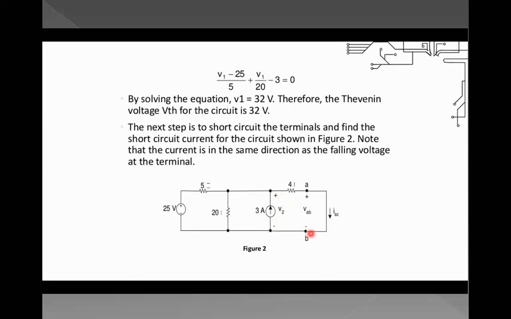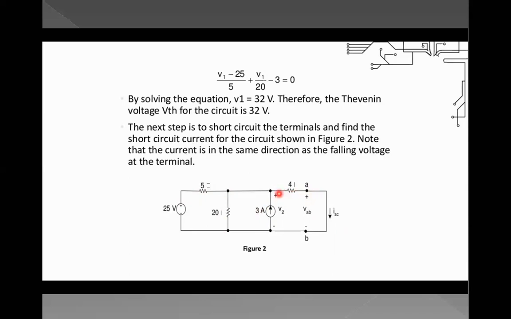So the expression comes like V2 minus 25 by 5 plus V2 by 20 minus 3 plus V2 by 4.